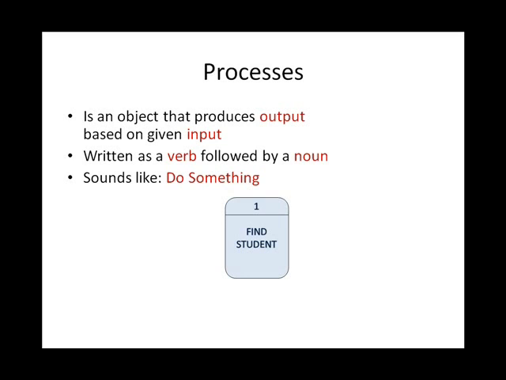The compartment above, which has the number, is the number of the process. In different lessons I will explain this, but for now there is no order in a data flow diagram, so 1, 2, 3, 4 doesn't really matter. It's just a number to uniquely identify the process.